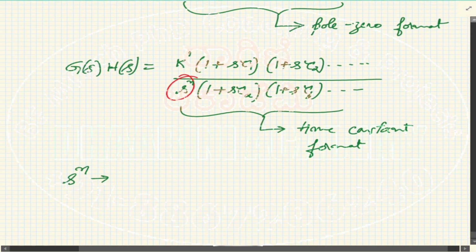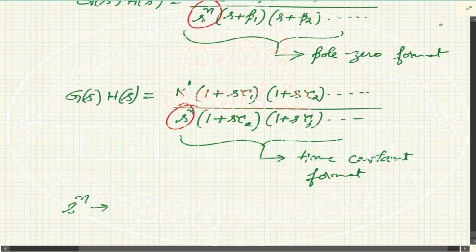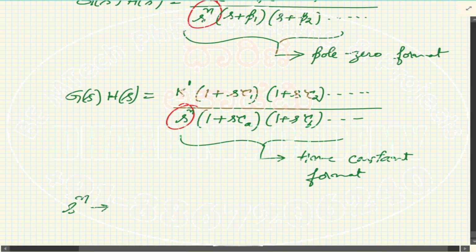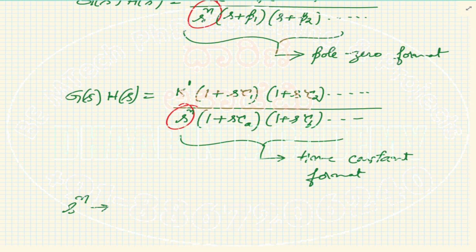So what does this s to the n denote? Can you tell me? In general, see that it's present in the denominator, correct? So denominator terms, when you factorize, you get the position of poles. Now s to the n in the denominator, so this indicates what? When I say s to the 4 in the denominator, s to the 4 into s plus 4 into s plus 6.